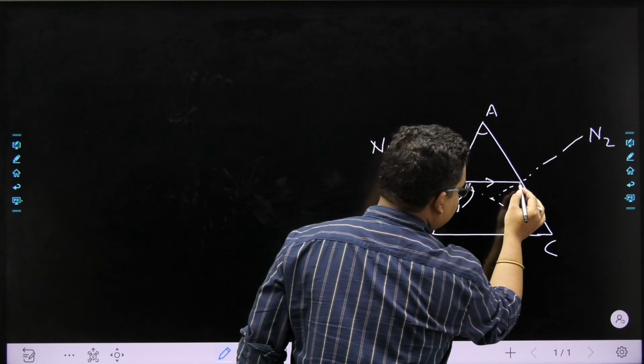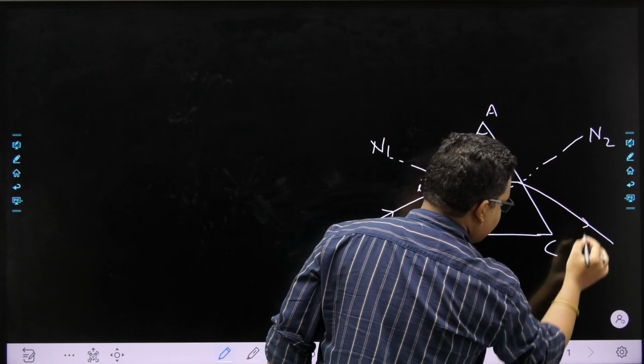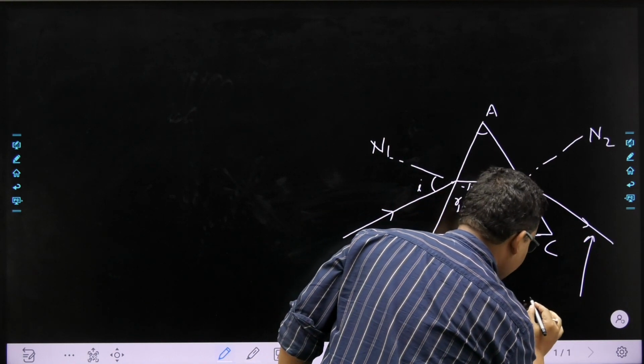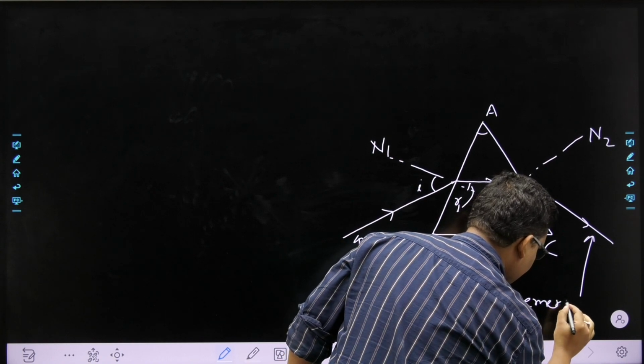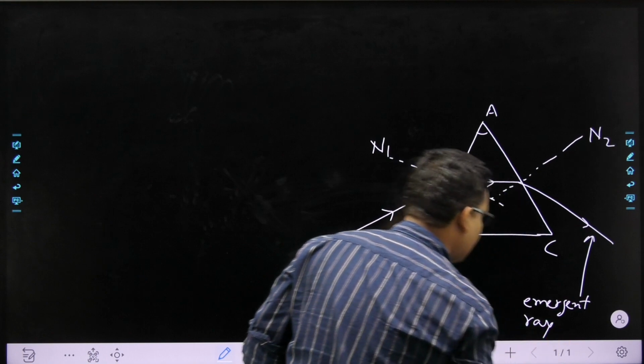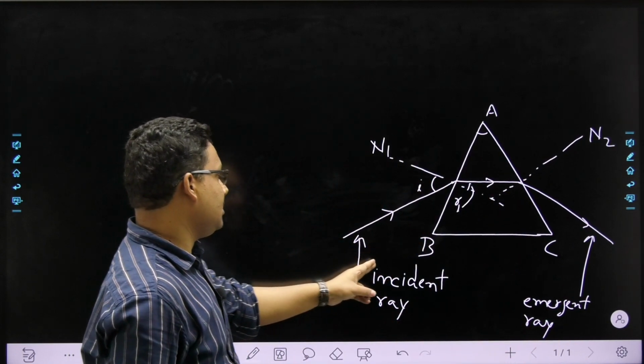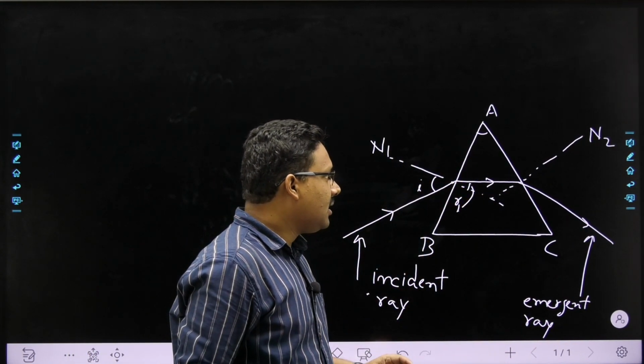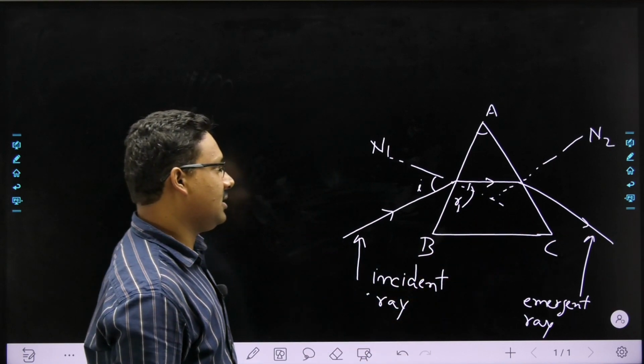So the ray will go like this. This ray is called the emergent ray. So this is the incident ray, this is the refracted ray and this is the emergent ray.